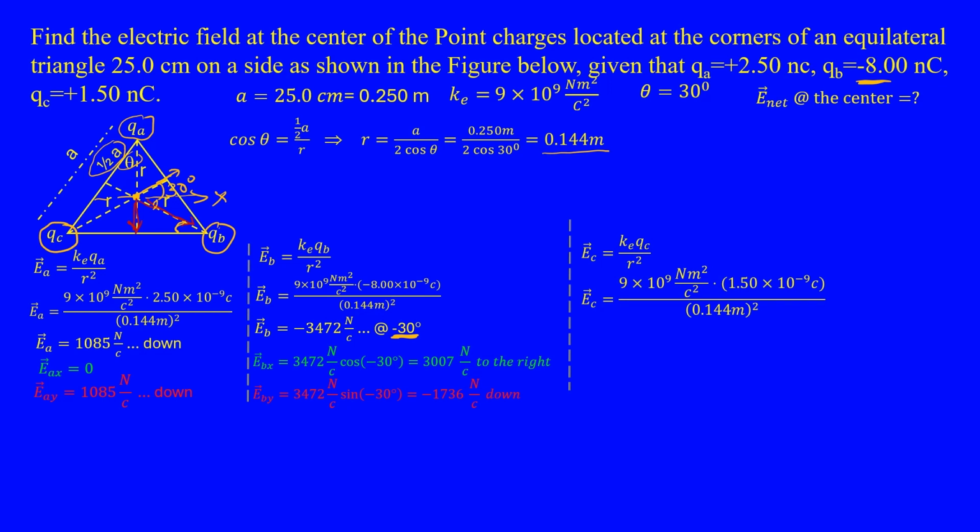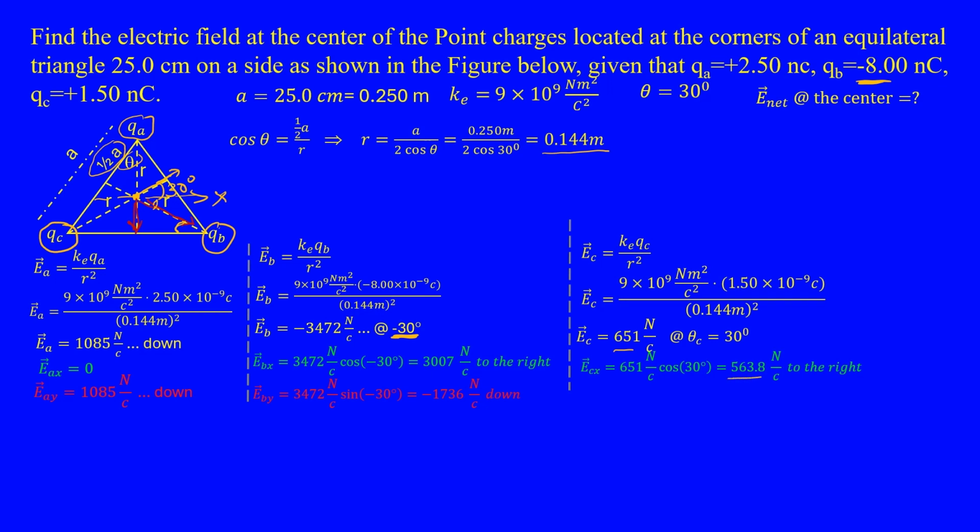Now, what are the x and y components? The calculation yields 651 newton per coulomb, and the angle is 30 degrees. So what is the x component? The x component is going to be the electric field at the center due to charge C multiplied by the cosine of the angle. That's 651 newton per coulomb multiplied by the cosine of 30 degrees.